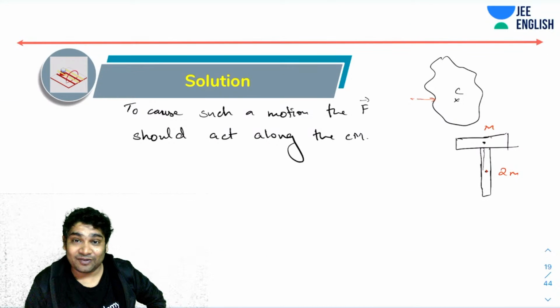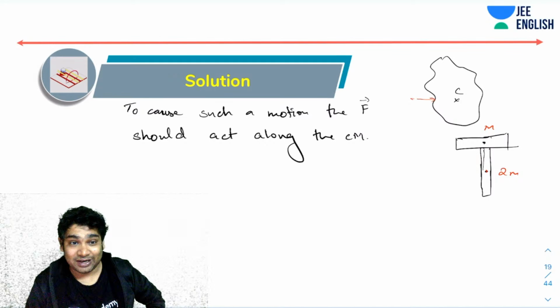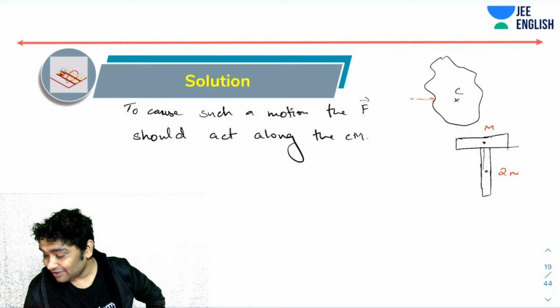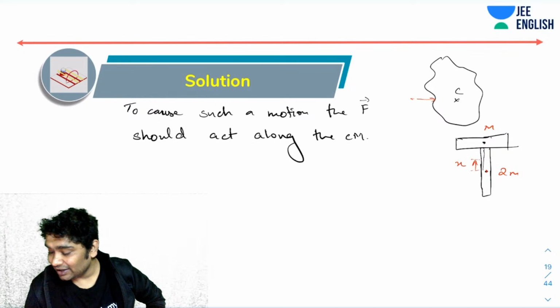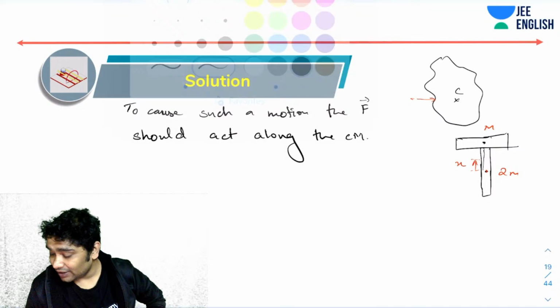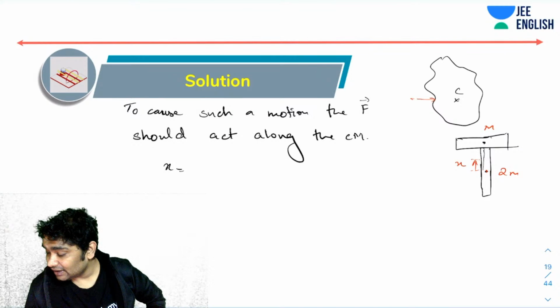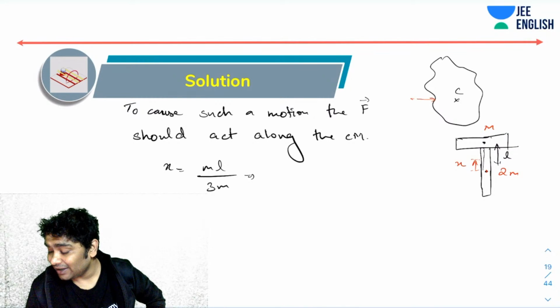Right. So where does the center of mass of M and 2M lie? Let's see if it lies from here at a distance x, then x would be equal to M into L over 3M, that is L by 3.